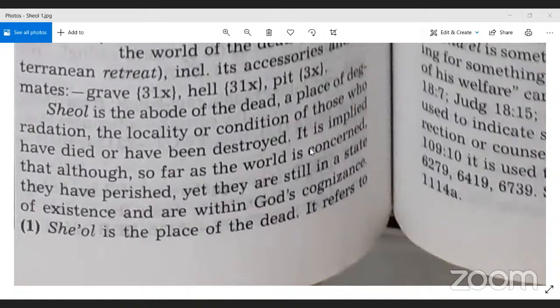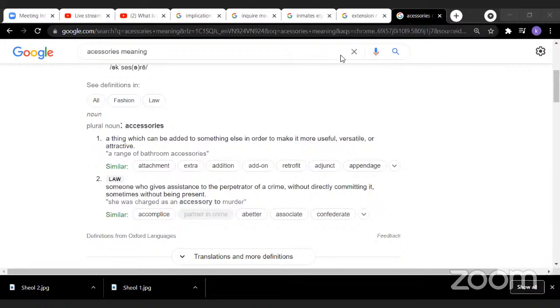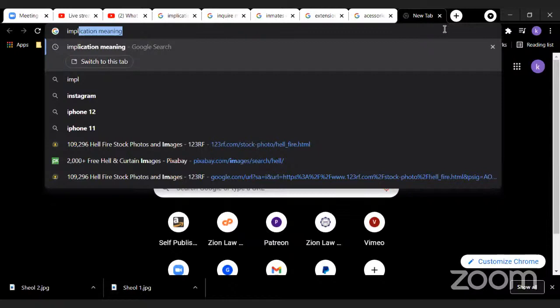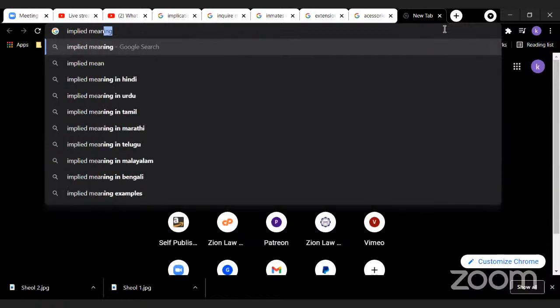So let's take a look at this. It is implied. Let's look up implied, and let's see if we agree with this, okay?